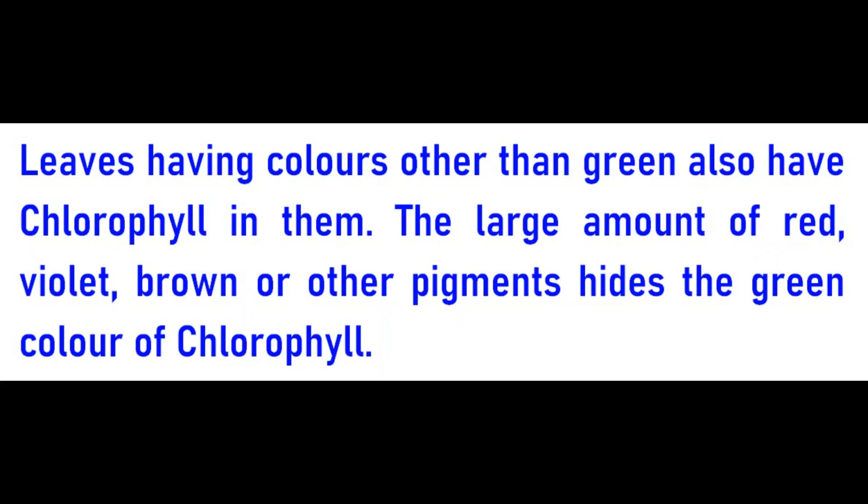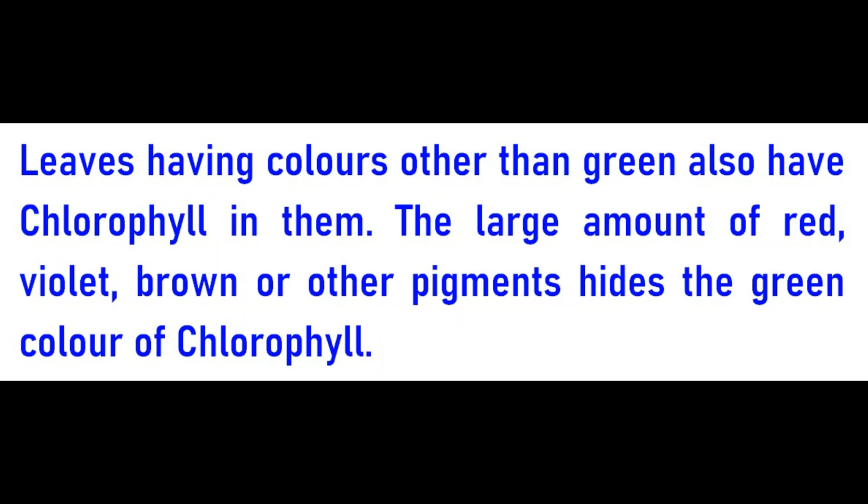Now, you have also seen some plants and trees which don't have green leaves. How do these plants make food? They seem not to have any chlorophyll. But know that leaves having colors other than green also have chlorophyll in them.